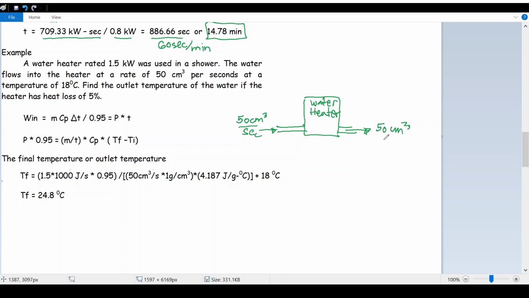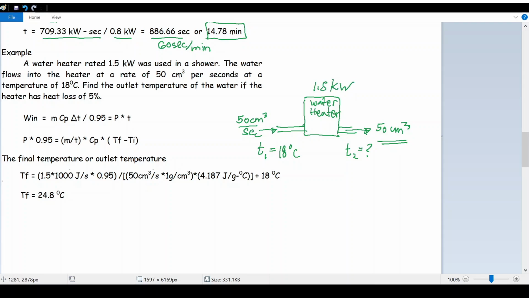It is not mentioned that it leaves at a different rate, so we shall assume that it leaves at the same rate. The initial temperature is 18 degrees. Now the final temperature is unknown. The heater is rated 1.5 kilowatts.